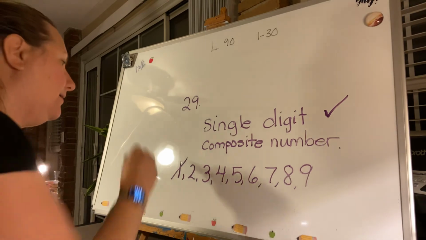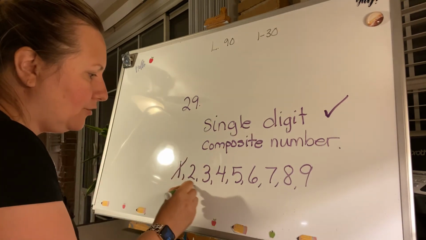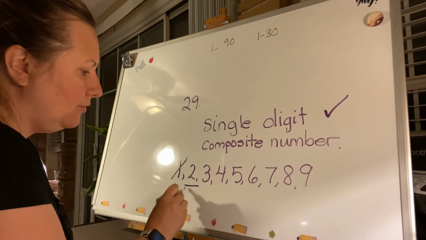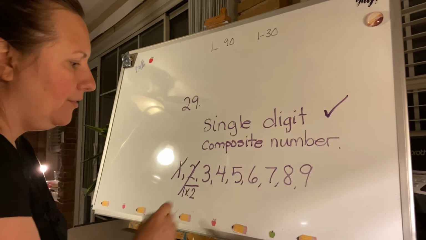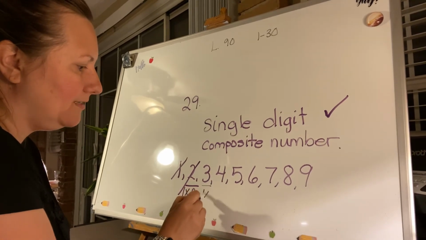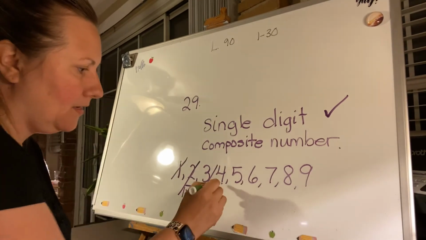Okay. If you think about each of these numbers, let's just factor out right underneath it. 2 comes from 1 times 2. That's a prime number. 3 comes from 1 times 3. That's another prime number.